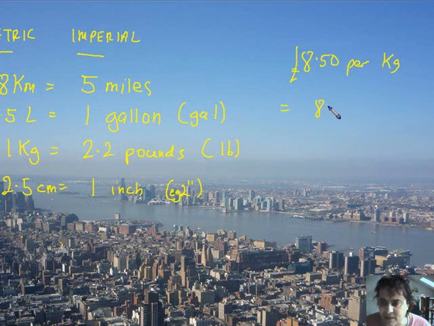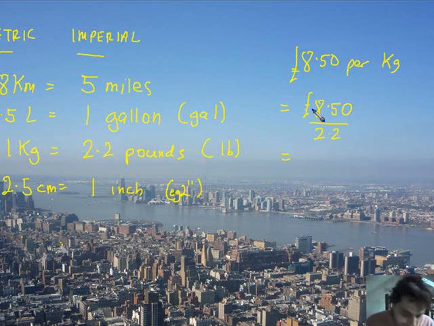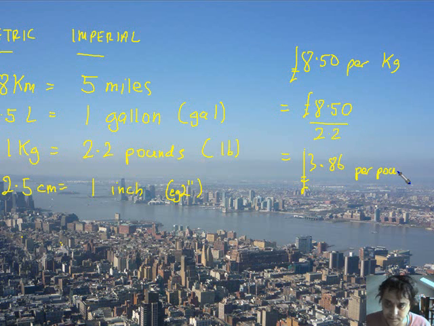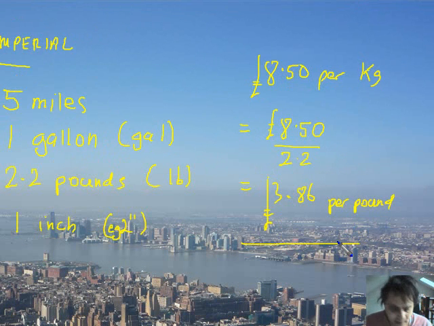So that's £8.50 divided by 2.2, and that will give me 3.863. Again, only 2 decimal places, can't go 3dp with money, so I'll stop there, I won't round it up to 7. So the chicken costs £3.86 per pound. That's question 5.